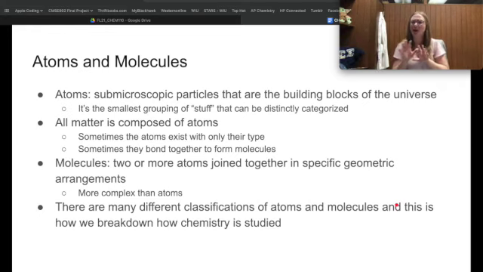But we'll talk about that a little bit later this semester. So there are many different classifications of atoms and molecules, and the breakdown of this classification is really the root of how chemistry is studied, because you have to know what you're working with and have some information about that before you start working with it or making predictions about what it could do.